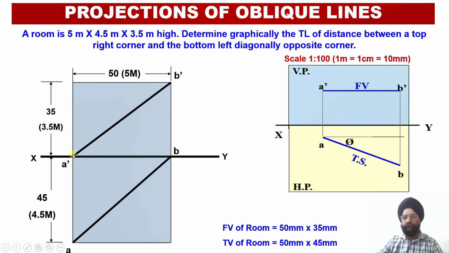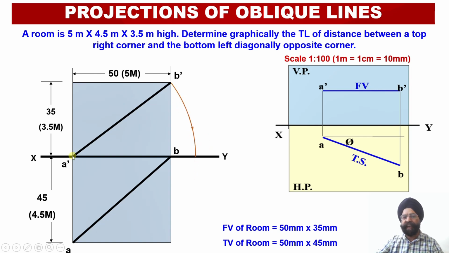So what we are going to do is rotate this front view projection A dash B dash through this point A dash in such a way that A dash B1 dash becomes parallel to the horizontal plane.